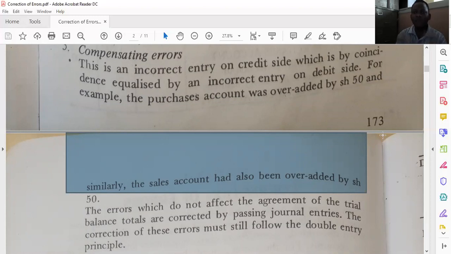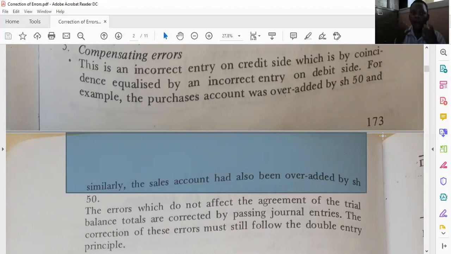So on one side, you over added 50 shillings in the purchase account. And then at another point in time, you over added 50 shillings in the sales account. So you find that the effect on the two sides of the ledger is still equal. You over added here on the debit side, and you over credited on the credit side by coincidence through unrelated errors.